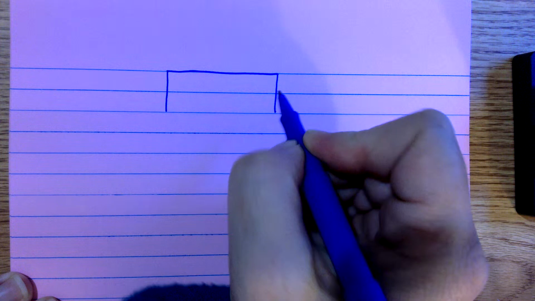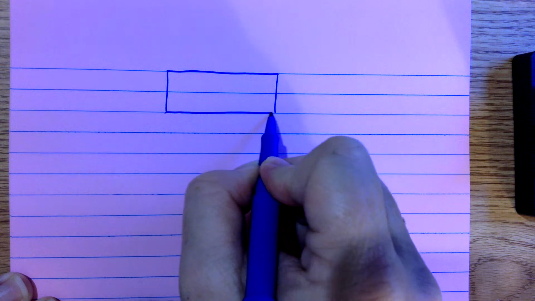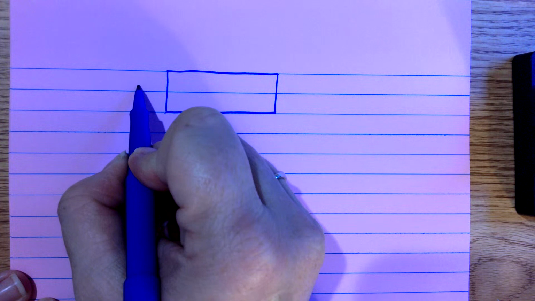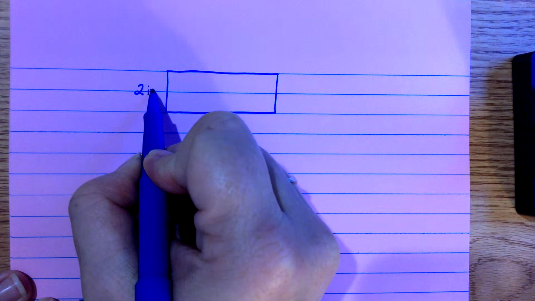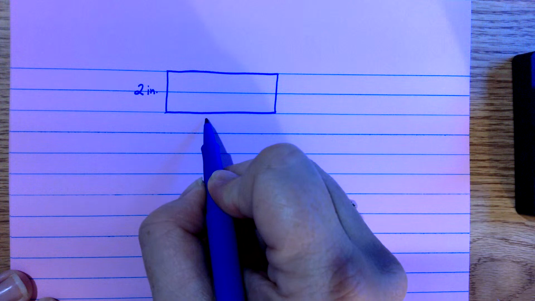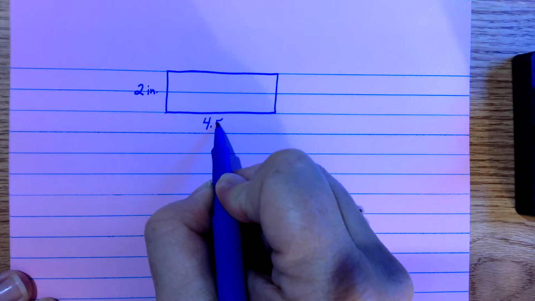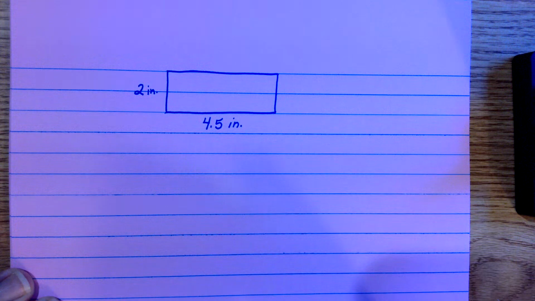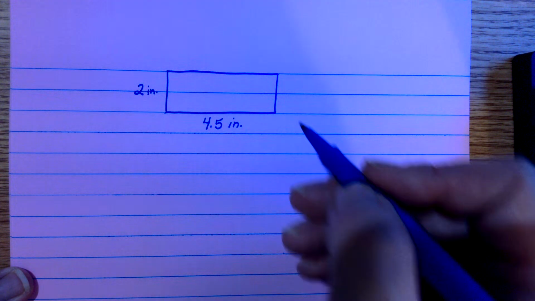Okay, so let's say you're given a rectangle. And let's go with 2 inches here. And let's do 4.5 inches here. Find the area of the rectangle.